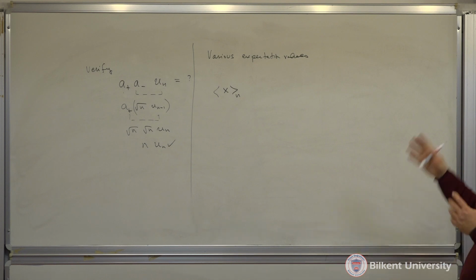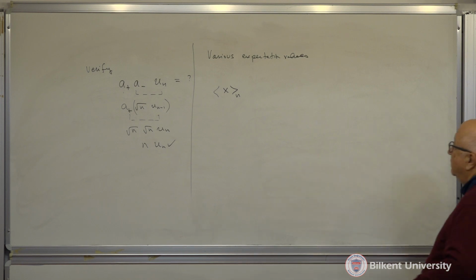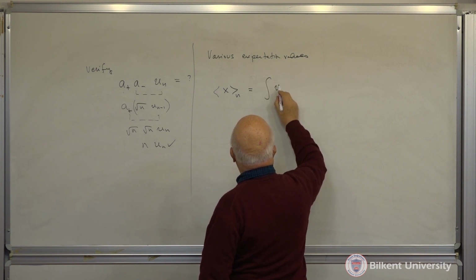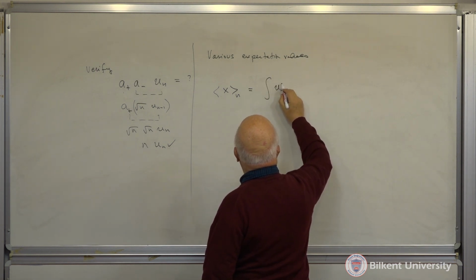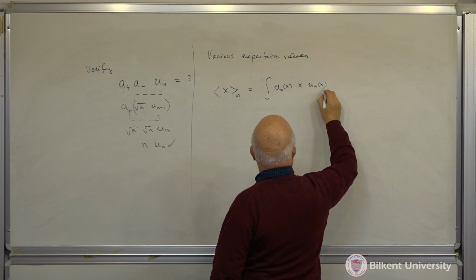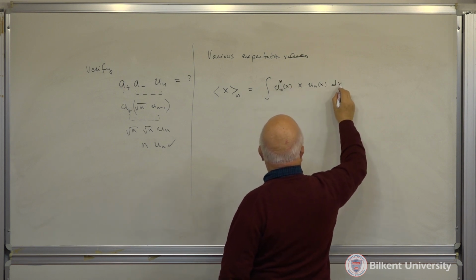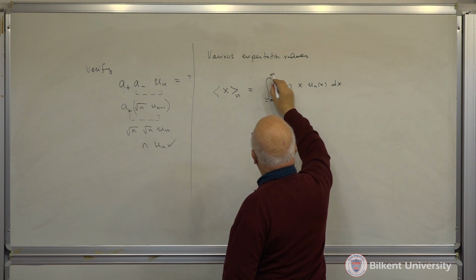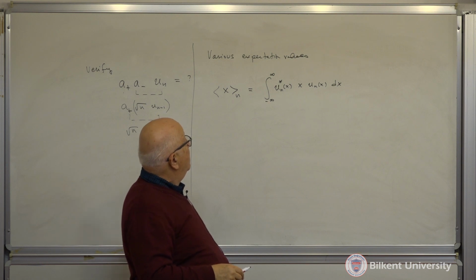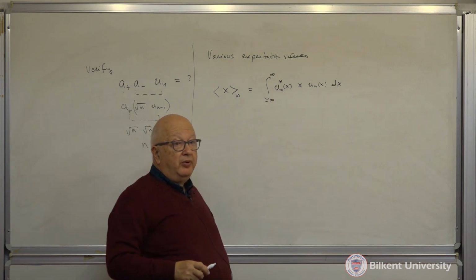I don't even know what the nth object is. It first looks a little surprising, but let's just write this down. This is going to be un of x, x, un of x. There's a complex conjugate here, but all of these functions are real, so I don't worry about that too much.